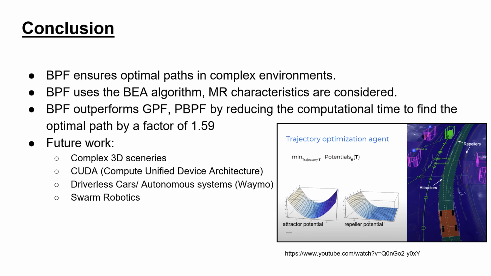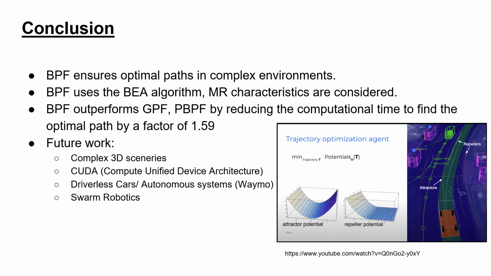So this is a conclusion slide, and let's talk about the first point, which is we proposed a novel method for path planning called Bacterial Potential Field, which ensures to find optimal paths in complex real-world scenarios with static and dynamic obstacles. Second, it uses a bacterial evolutionary algorithm to find the shortest or optimal path.